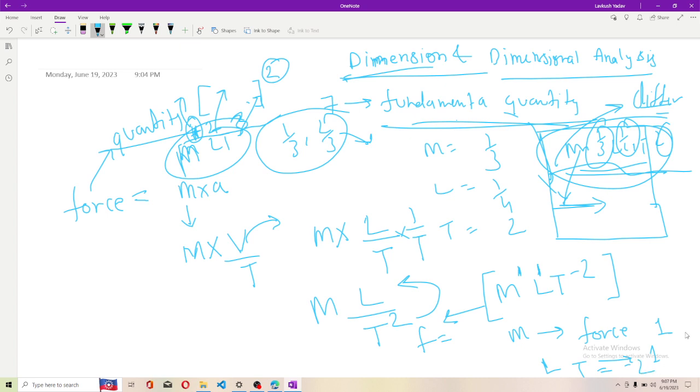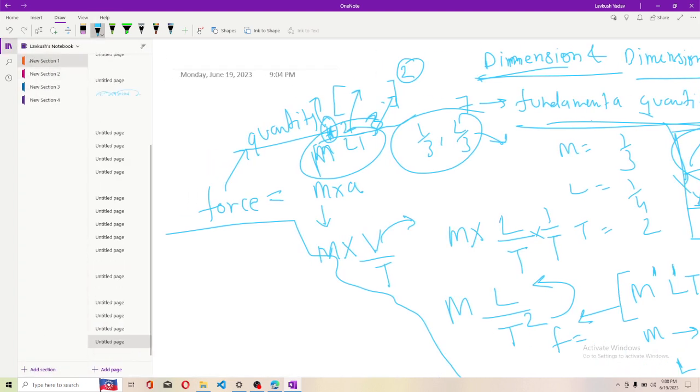That is minus 2. And if someone says these are the dimensions, write the dimensional formula, you just have to do that. You have to just know these things, and then with the help of these signs you can write the dimensional formula. So this is all about dimensions.